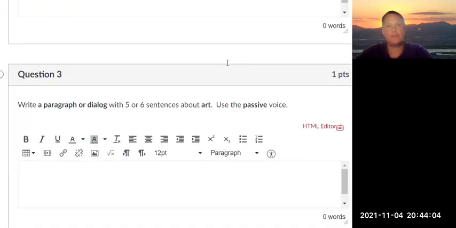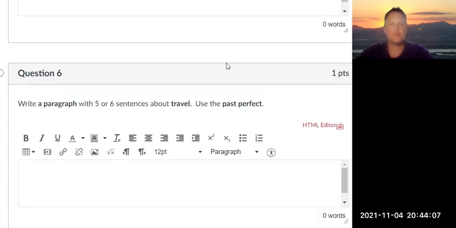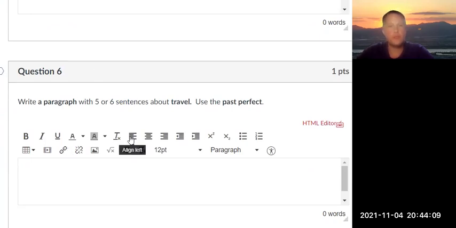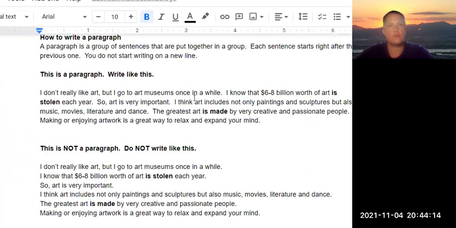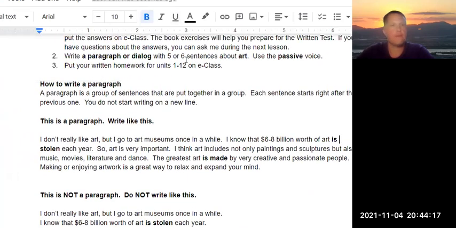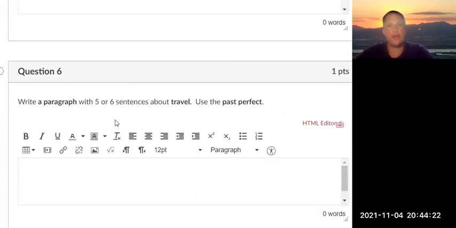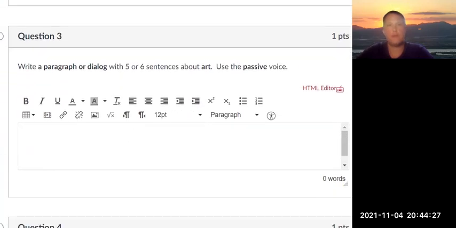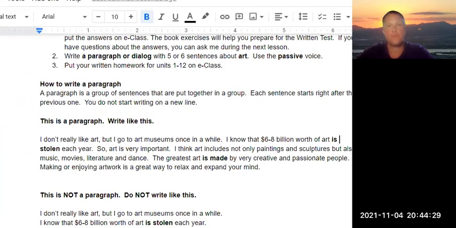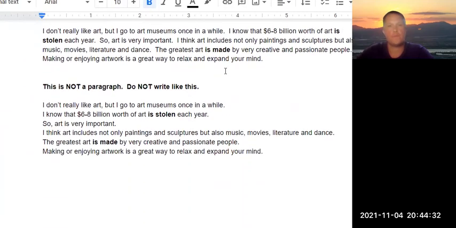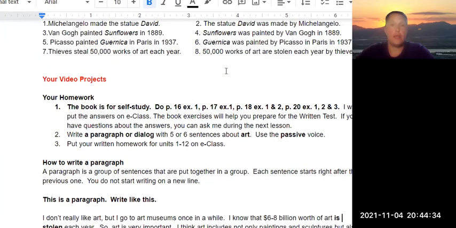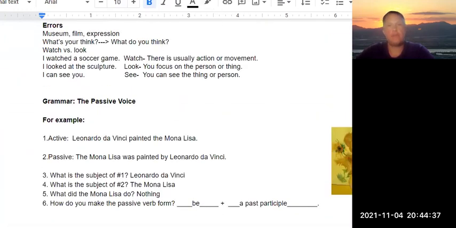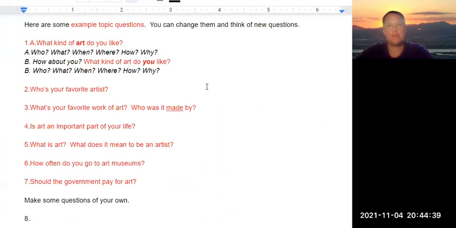And then find unit 3, art. Okay, so that's art and the passive.